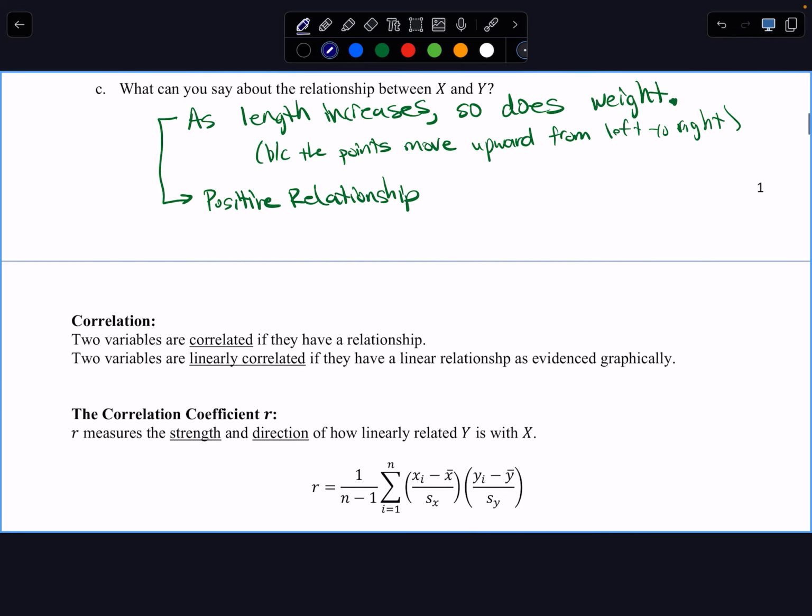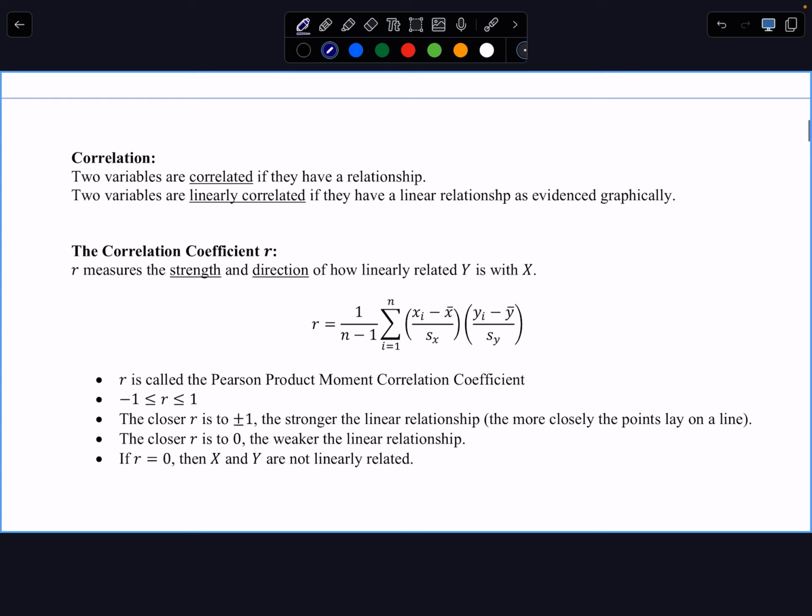We introduced this term, correlation, and this gives us a number that we can look at to determine what type of linear relationship we have between the two variables. In general, a correlation between two variables just means that there's a relationship between them. But we're going to be interested in linear relationships because we're going to talk about linear regression.